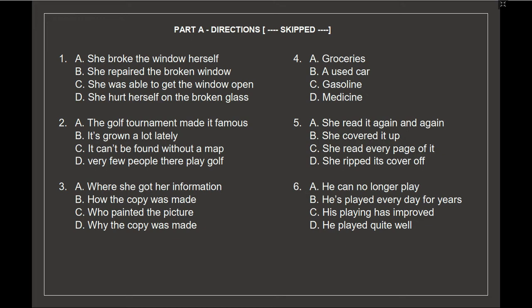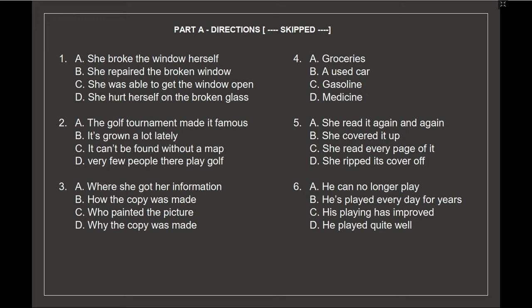Number 5. "Mandy, did you get a chance to read that magazine I gave you?" "Cover to cover." What does Mandy say about the magazine? Number 6. "Jack didn't sound bad at all."